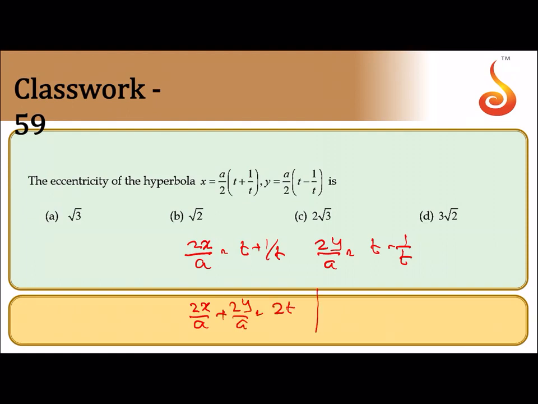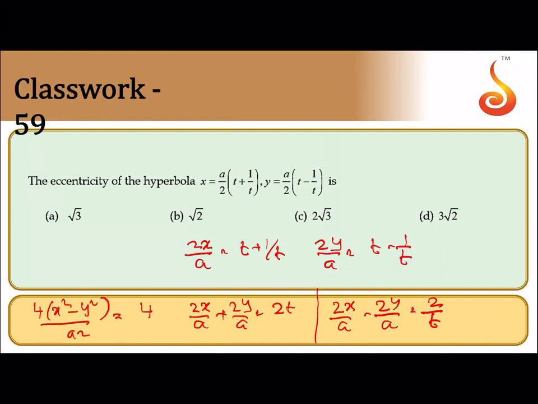Add these two, we get 2x by a plus 2y by a is equal to 2t. Next, if we subtract, 2x by a minus 2y by a is equal to 2 by t. Then we multiply, so we are getting a rectangular hyperbola. If we multiply, what do we get?